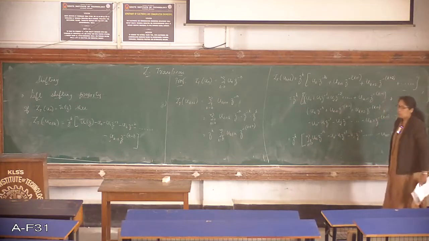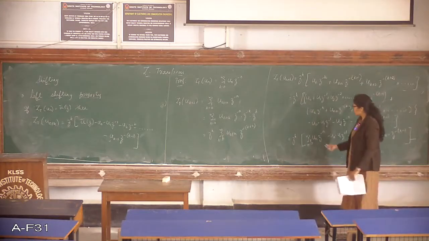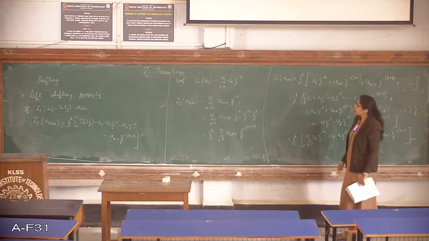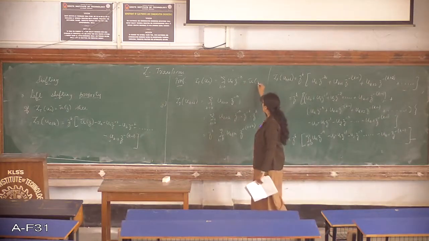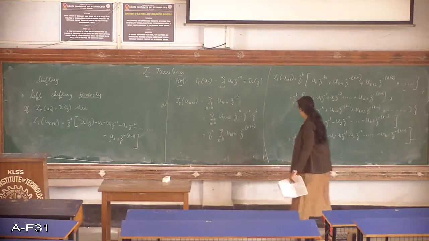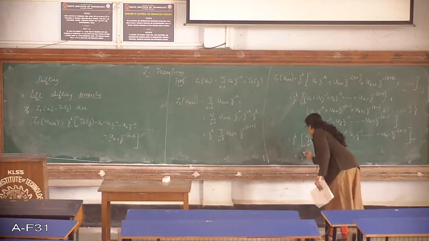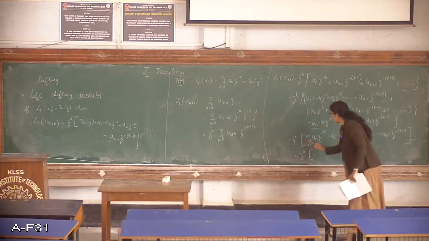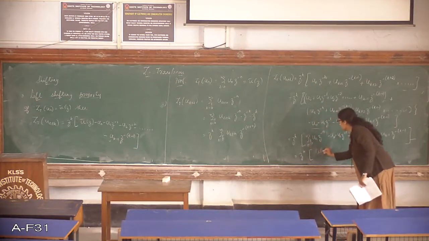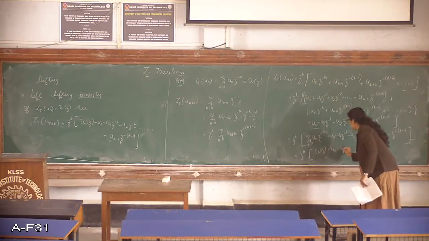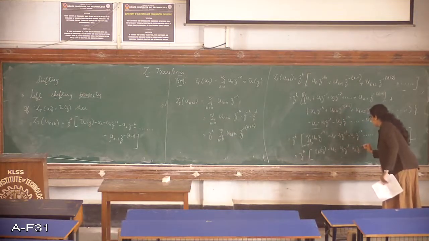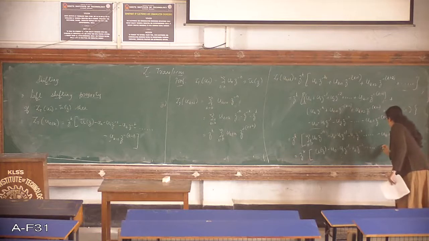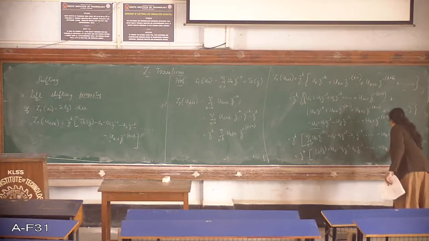And we very well know that the summation of u_n z raised to minus n can obviously be denoted as u bar of z. So I can write this as z raised to k, and this is nothing but u bar of z minus u0 minus u1 z raised to minus 1 minus u2 z raised to minus 2 minus so on, u_{k-1} z raised to minus (k-1).